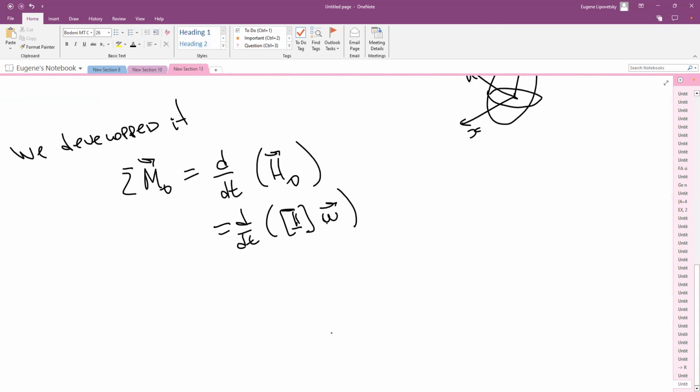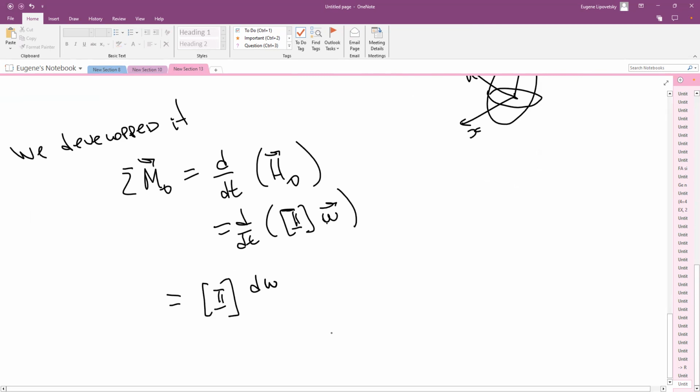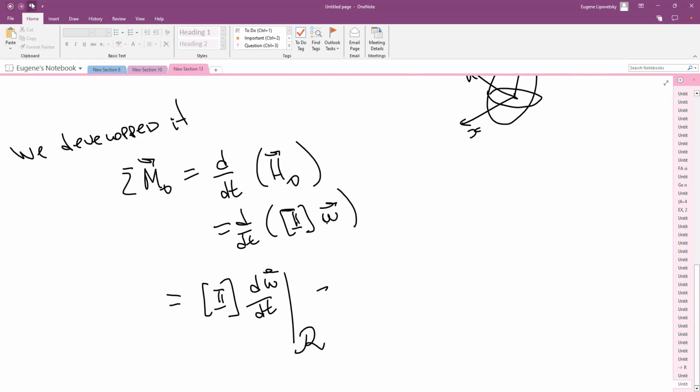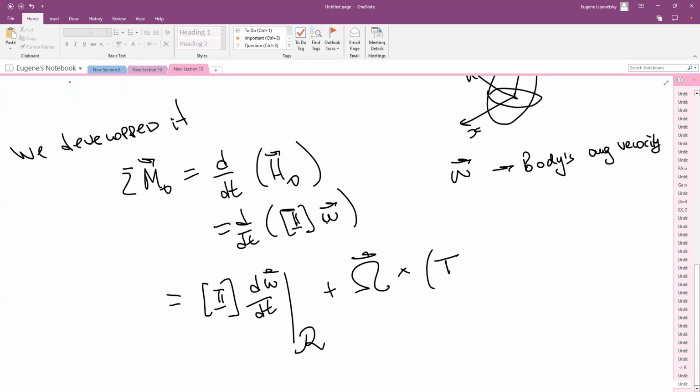And this we can write in the following way: it's going to be the I matrix times d omega over dt, that's in the rotating frame, plus the capital Omega cross product with the angular momentum, which is the I matrix times omega.